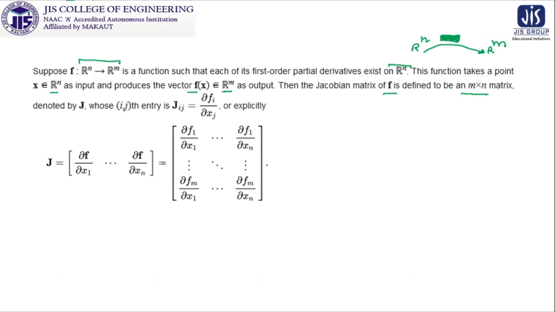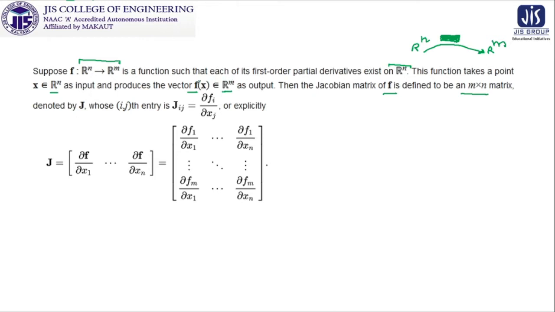So we have to see the structure very cautiously. This bold F means del F del x1 up to del F del xn, and this F actually consists of F1 to Fm, because F is in Rm.